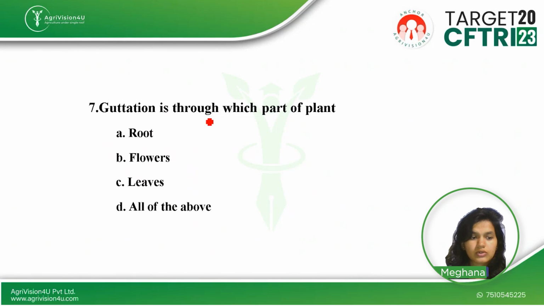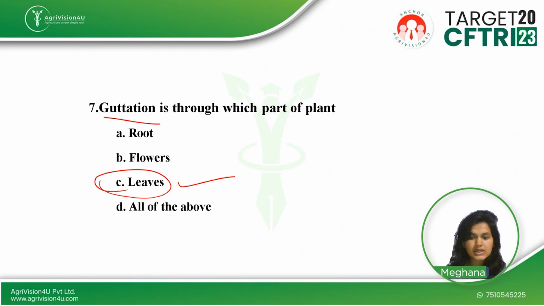Guttation is nothing but the loss of water in the form of water droplets from small pores called hydathodes, from the leaf margin of small herbaceous plants. So this guttation process occurs mainly in the leaves. That is, option C is the right answer.